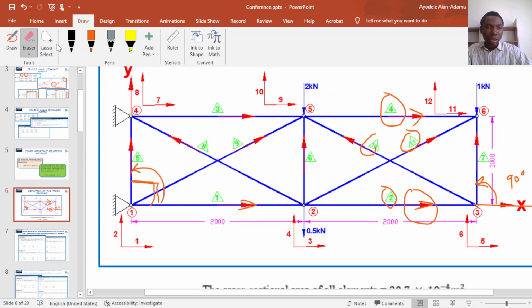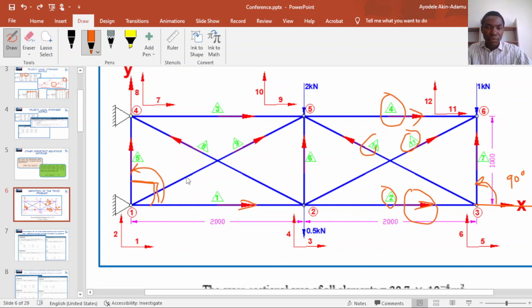Our angle definition for element 8 is given by this: from the horizontal axis to the member measured in an anticlockwise direction. So it will be 90 plus this angle. And this angle is arctan 2/1 or arctan 1/2, plus 90. So this is the angle we use to define element 8.